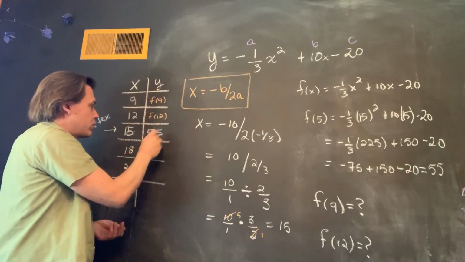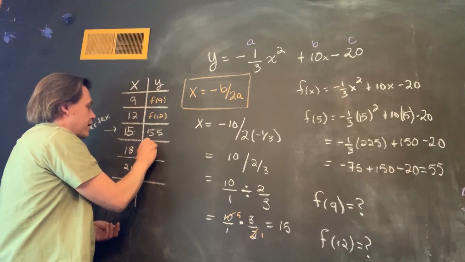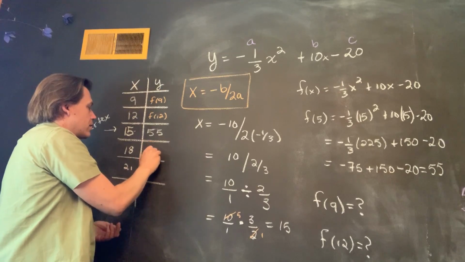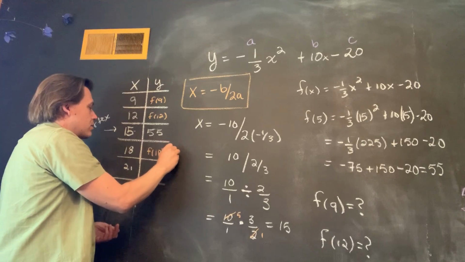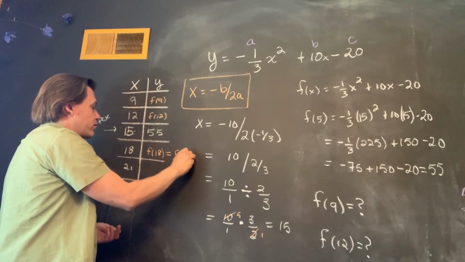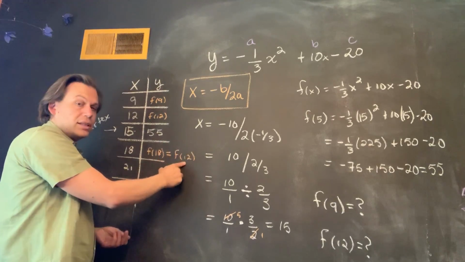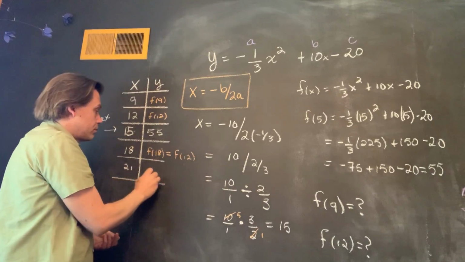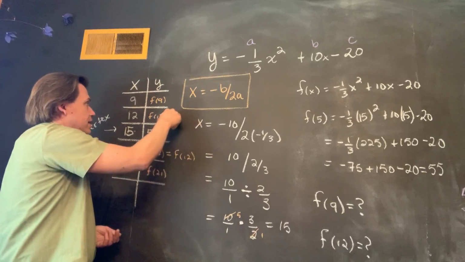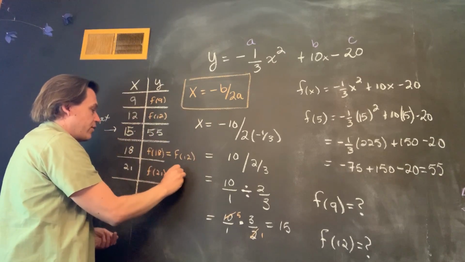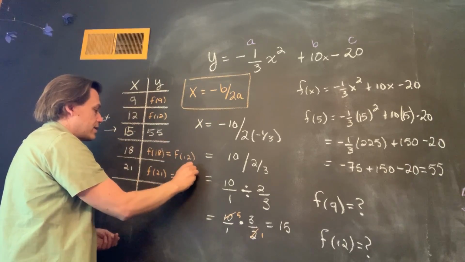So whatever f of 12 is, that also goes here. I'm going to write it like this. F of 18, obviously, is also the same as f of 12, so you don't really need to calculate it again. This would be f of 21, but it's going to go back down to whatever f of 9 is. They're the same.